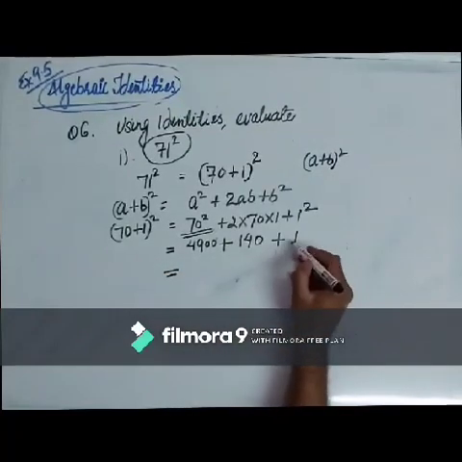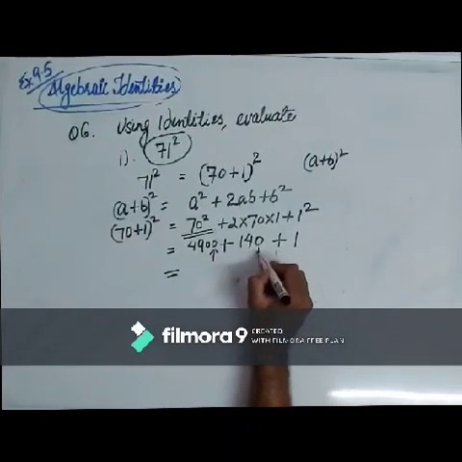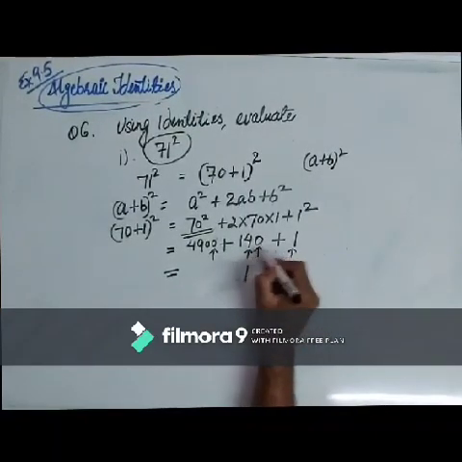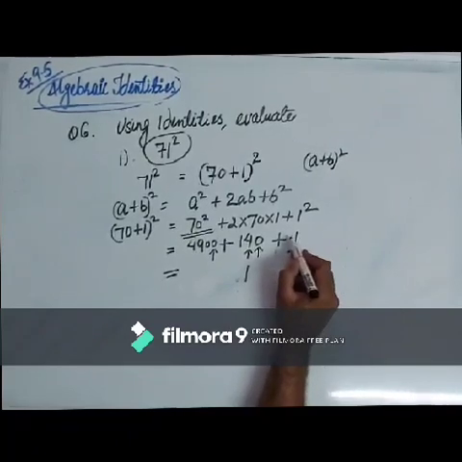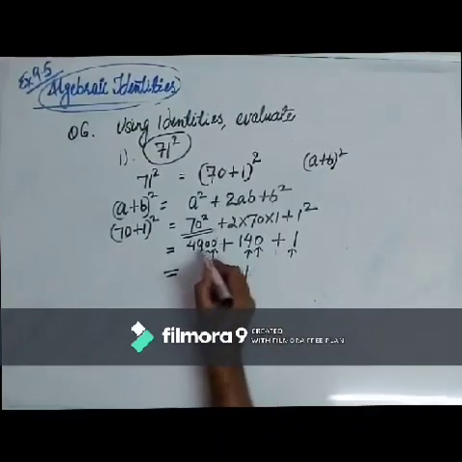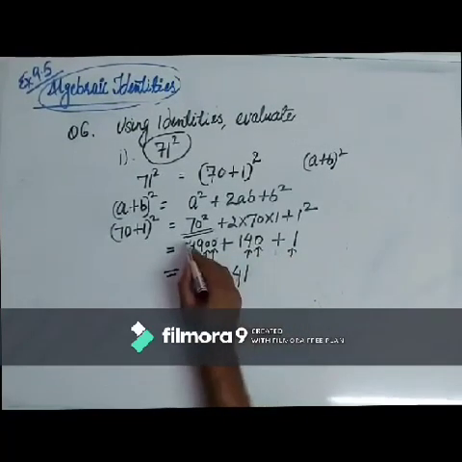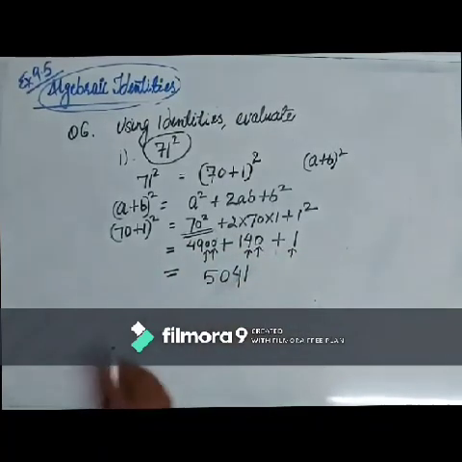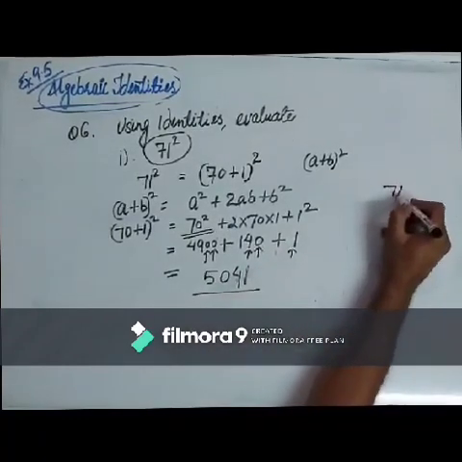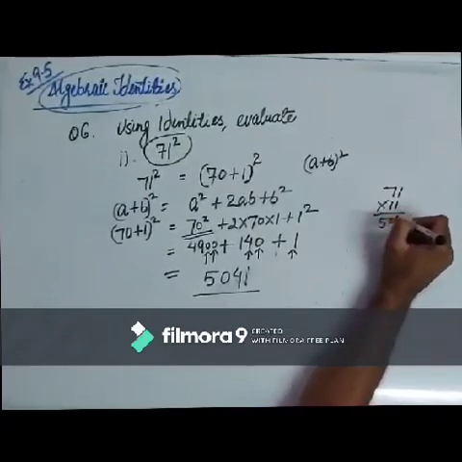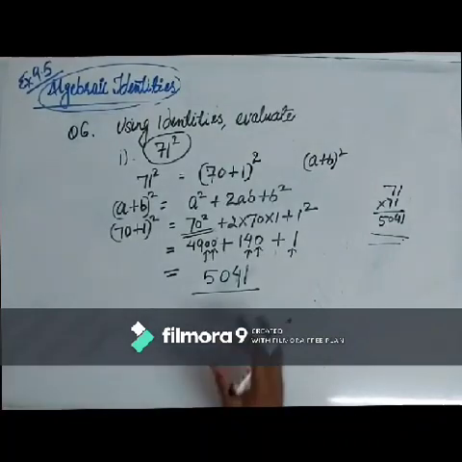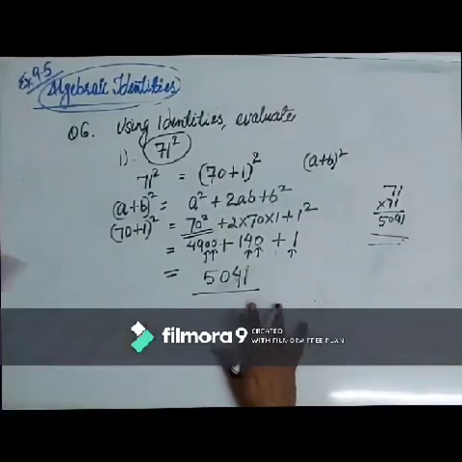So just do it: 1, then 4 and 0 gives 4, then 9 and 1 is 10, and 4 with the carry 1, so this is 5041. As 71 and 71 we have done, 5041 will be your answer. So this is how we apply algebraic identity into the multiplications.